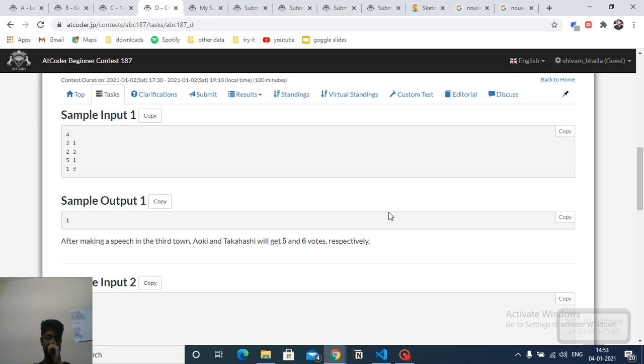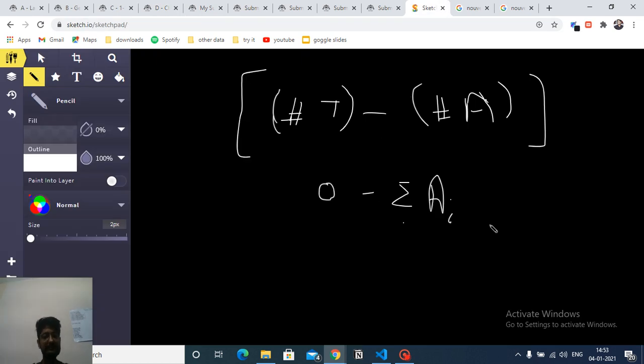As you can see what the question statement is asking, I hope you get the point. So now the thing here is how to approach this problem. This is AI, and this is the initial value. If Takahashi gives a speech in only one city, what will be the increment, or the new value?